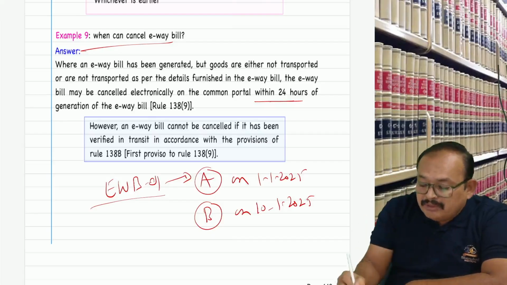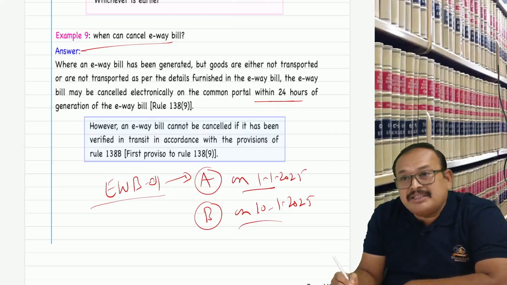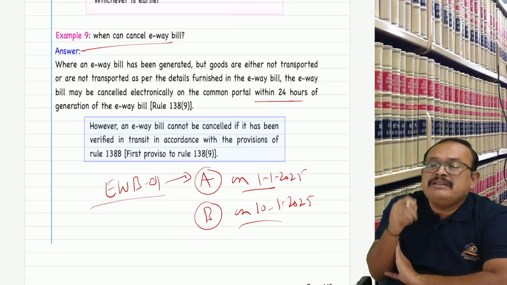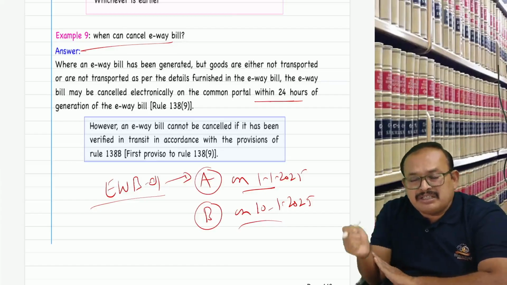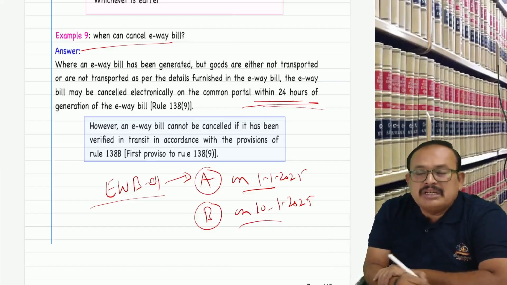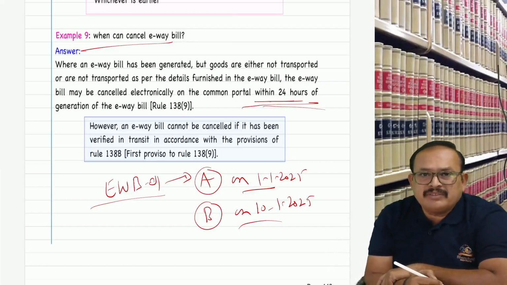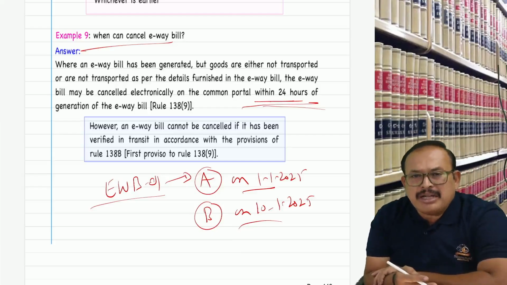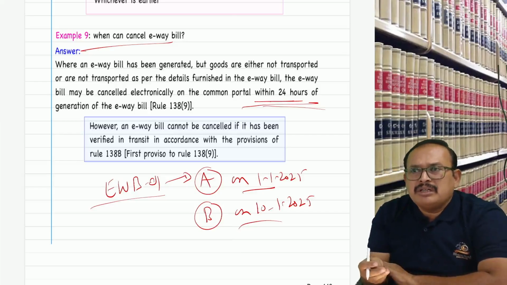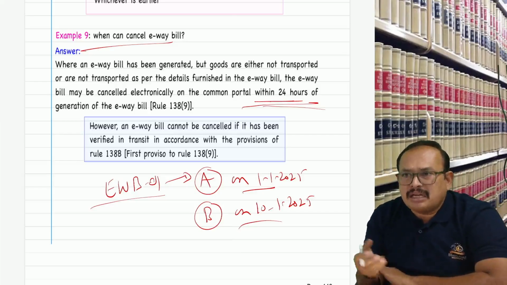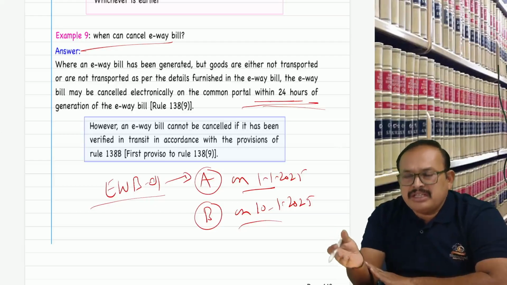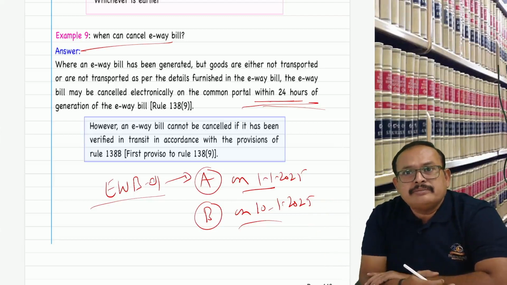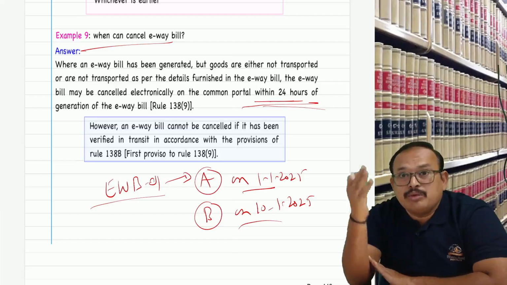Are the 24 hours counted from 1st January or 10th January? From 10th January, because only when Part B of EWB-01 is uploaded is the e-way bill generated. From the date of generation of the e-way bill, it can be cancelled within 24 hours. Why would we cancel, sir? The moment the goods are dispatched, within 2 hours a cyclone is declared, sir. The goods are on the way. Before reaching the destination, the vehicle may even merge with the Bay of Bengal, sir, because of the cyclone. We cannot move, sir. Then come back.